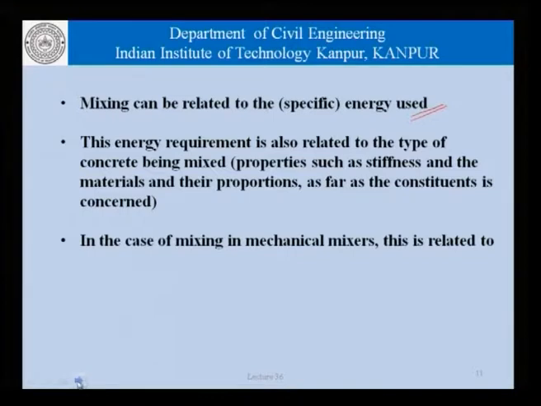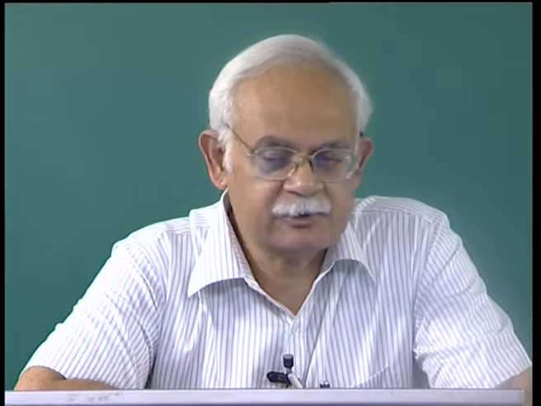As I said, in the case of mechanical mixers, the energy is also related to the RPM or the revolutions per minute of the mixer. If the mixer rotates more rapidly or less rapidly and so on, and also the time of mixing. So, indeed, since energy that we are using to mix the concrete is such an elusive property, it is easiest to talk in terms of a minimum mixing time as far as the specification is concerned.